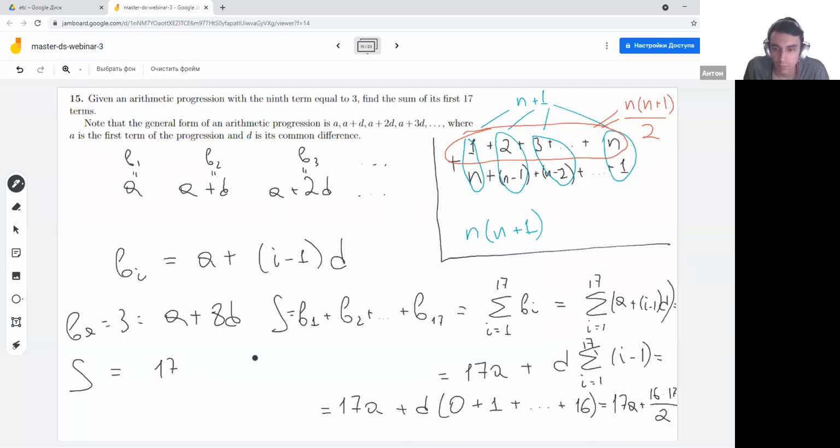17 times A plus, oh, there's also D here that I have forgotten, yeah, times 16 over 2D, which is basically 17 times A plus 8D.